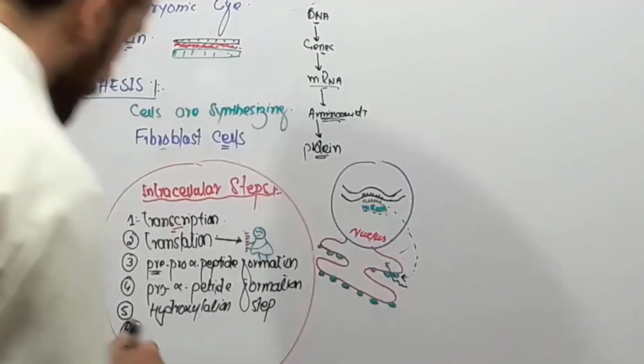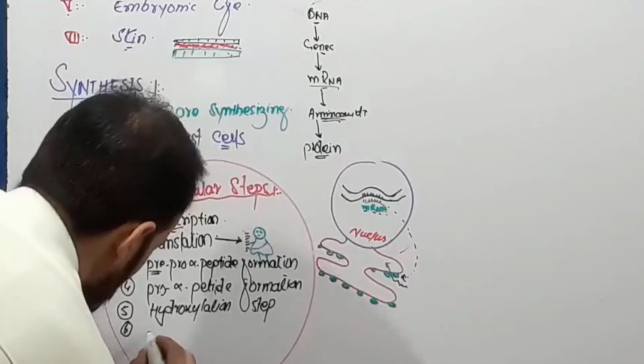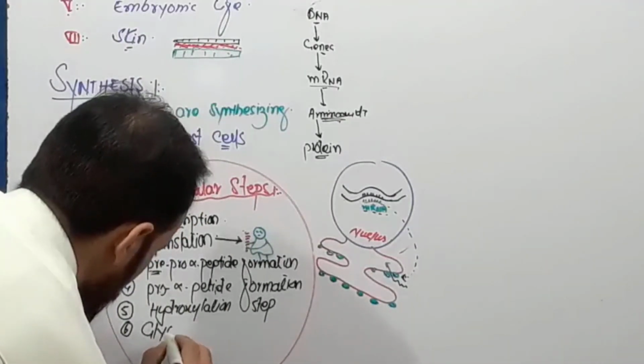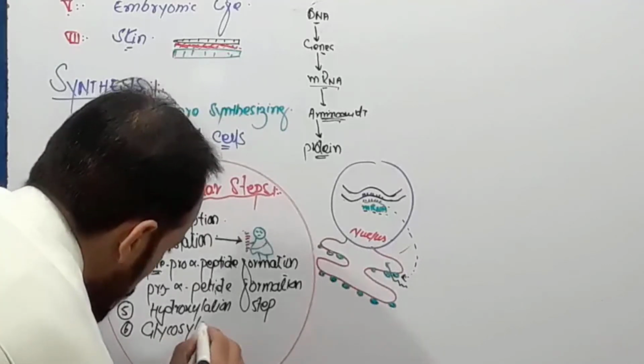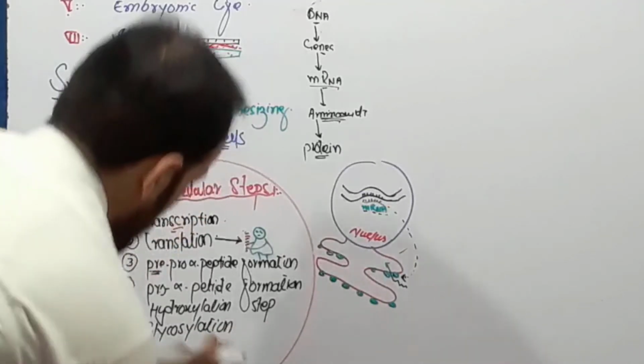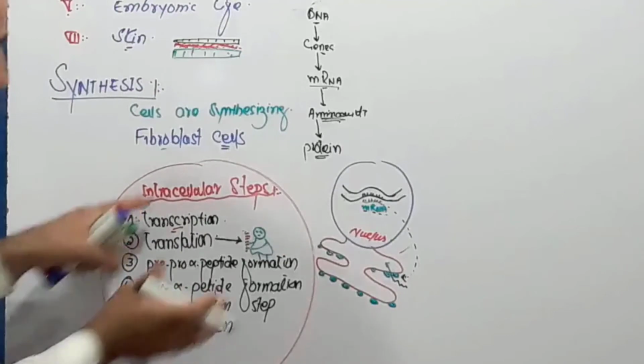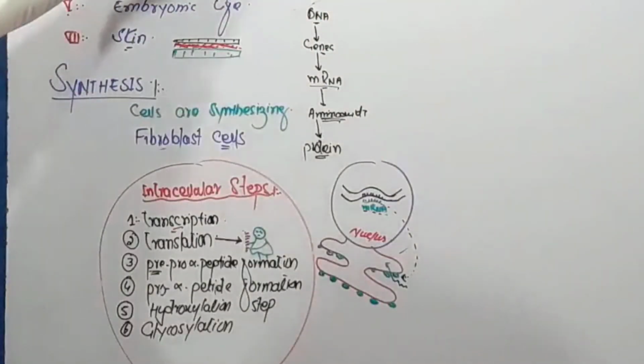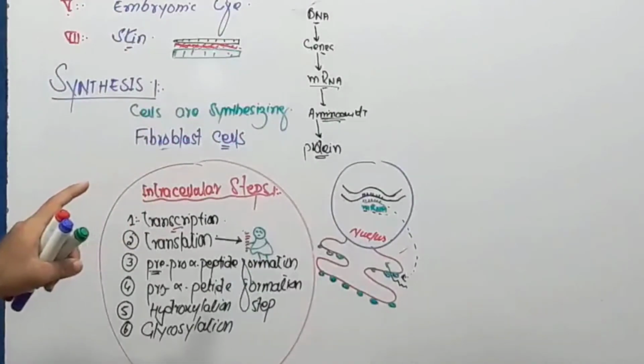You will see it later. So there is the glycosylation. I am writing these steps, and we will take all these steps there in the big diagram, and we will understand and clear up how collagen fiber is synthesized.